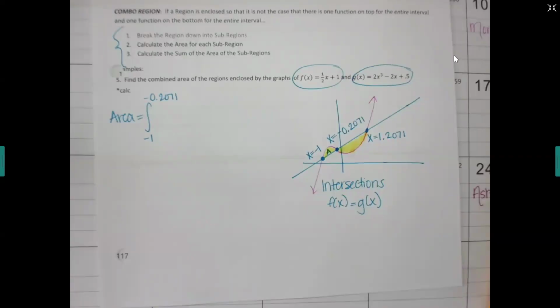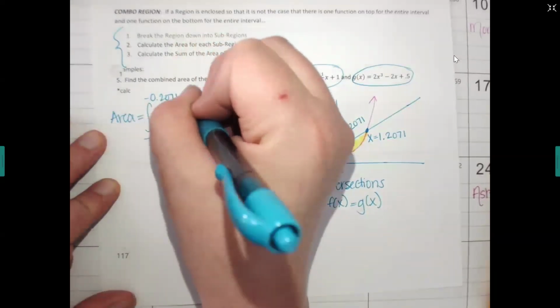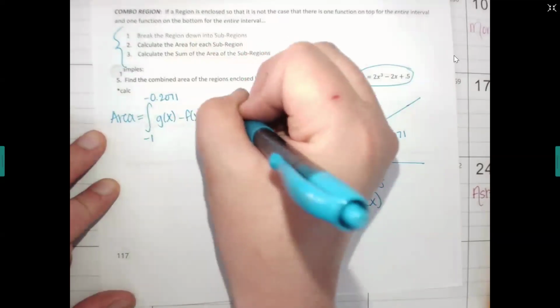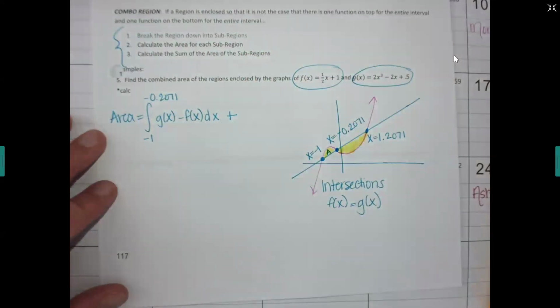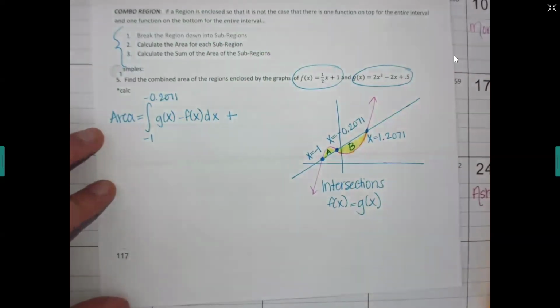The curve minus the line. And remember, the way you tell that is who's on top. So if the curve's on top, that's g of x minus f of x plus. Now we're going to do pocket B. What are the endpoints for pocket B?